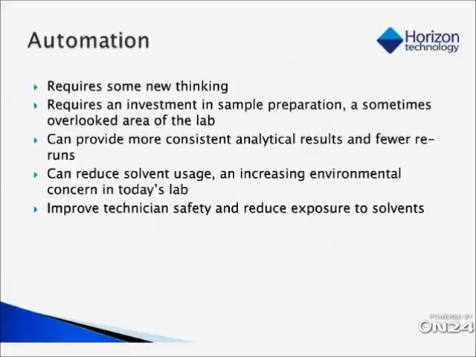Most importantly, it can provide more consistent analytical results and fewer reruns, which of course will help to increase productivity and profit. It can reduce solvent usage, which is becoming increasingly of concern in today's laboratory, and improve technician safety and reduce exposure to solvents.